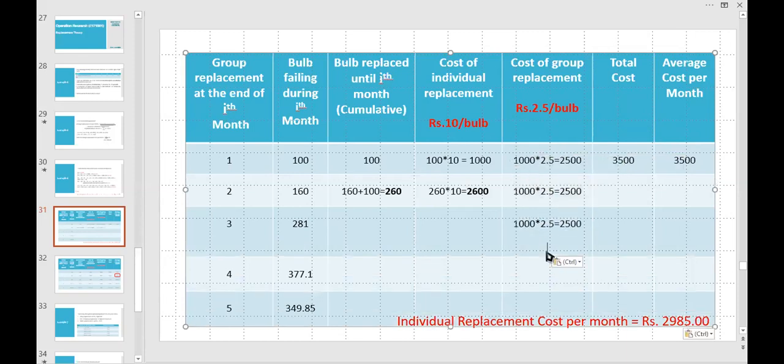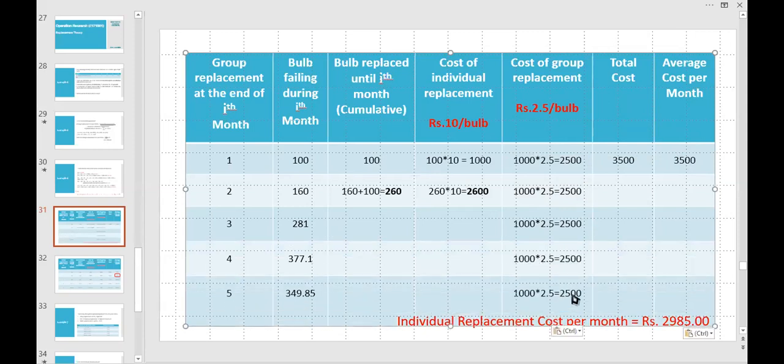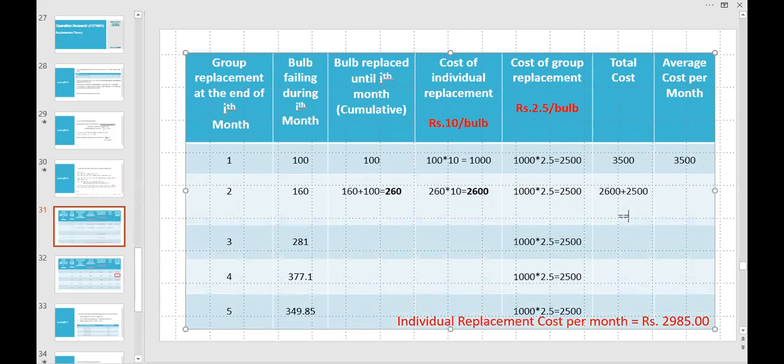So let me copy and paste it so that we don't waste time typing. Now the total cost is 2600 plus 2500, which is 5100. Since this is the cost for 2 months, I must divide it by 2.